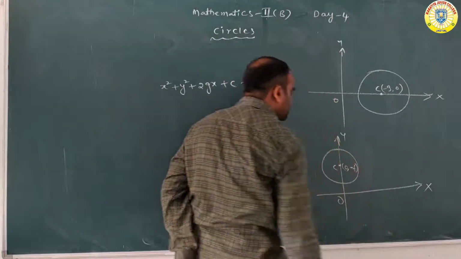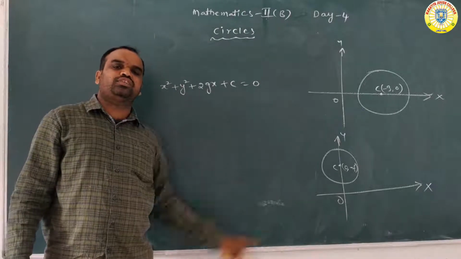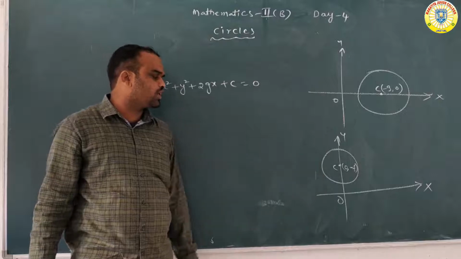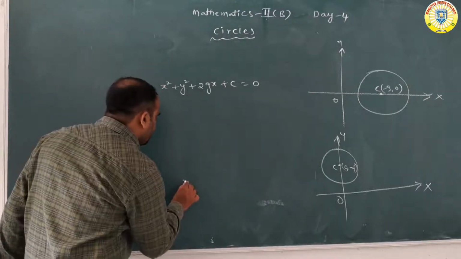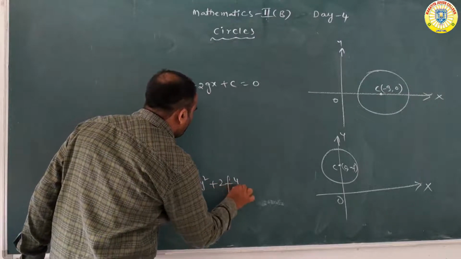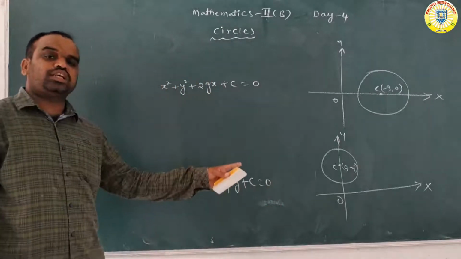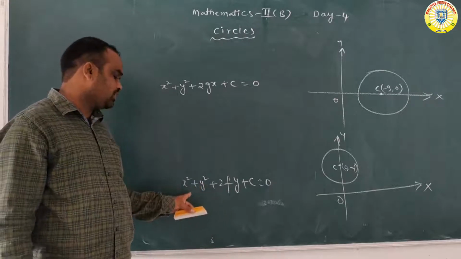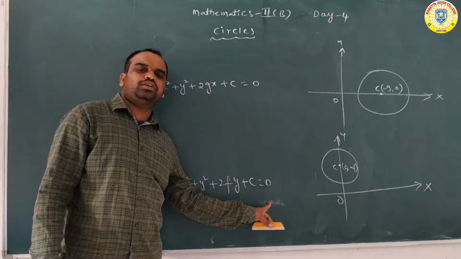In that case, the circle equation is x square plus y square plus 2fy plus c is equal to 0.